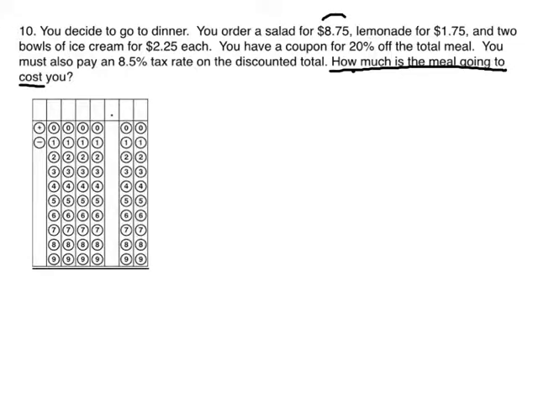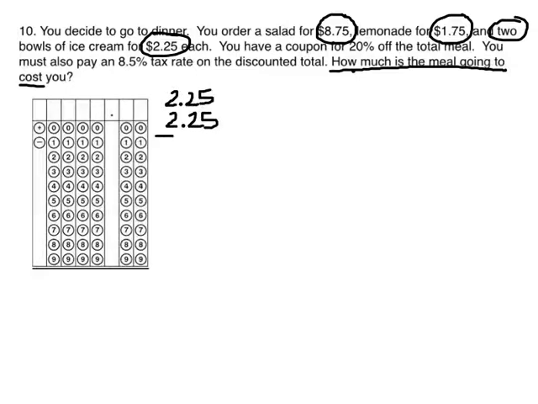So first we have a salad, a lemonade, and 2 bowls of ice cream. So 2.25 plus 2.25, 2 quarters is 50 cents. And then 2 plus 2 is 4, so $4.50.